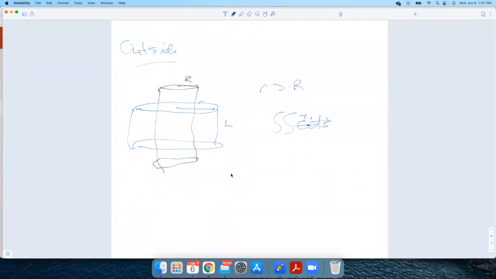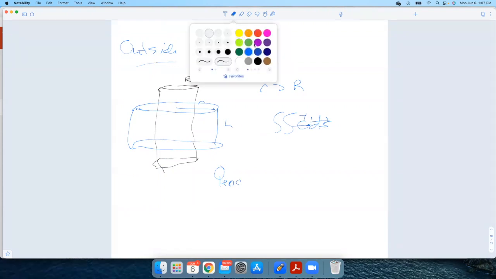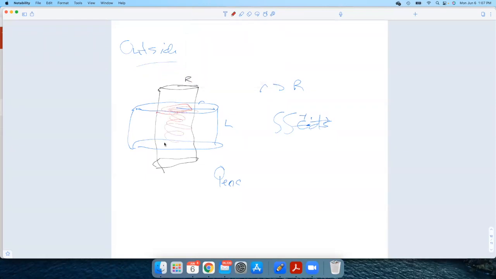What about the charge enclosed? My charge doesn't come all the way out to the surface. My charge only comes out to here. The charge lives right here. So the charge is the red cylinder.